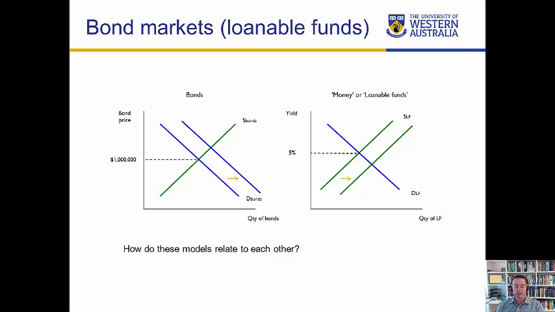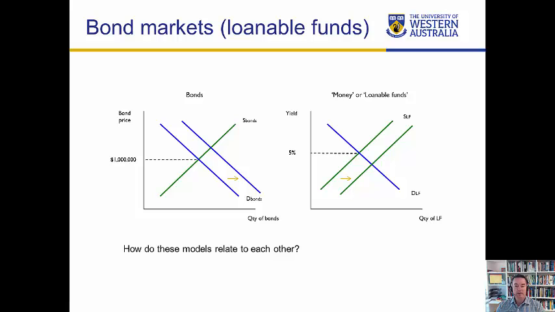So when you take your cash into the bond market as, say, a fund manager, you are supplying that cash to the market, and that's why the supply curve of loanable funds is shifting out to the right in the right-hand side diagram. But at the same time, you're taking that cash and demanding bonds. So you're actually driving changes in the two markets simultaneously with the one transaction.